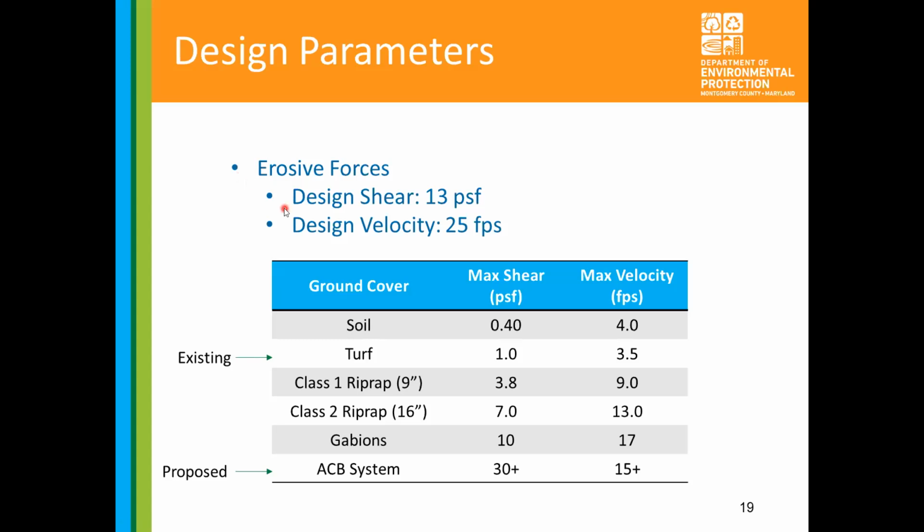So we're designing for a shear of 13, and that's pounds per square foot, if anybody's curious, and the velocity is 25 feet per second. So velocity is just how fast it's moving, and the shear is basically the force. It's like a torque force that would, if you think about it, cause a rock to flip over.